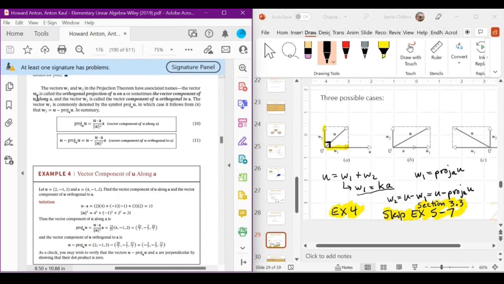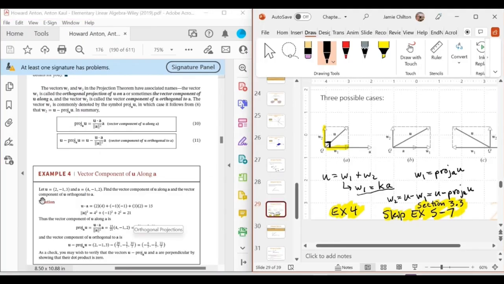Just to go over it one more time, W1 is called the orthogonal projection of U on A. W2 is called the vector component of U orthogonal to A. This first one, formula 10, is how you solve for W1, and this second one is how you solve for W2. You've seen all this before. We know how to do the dot product and we know how to take the norm, so you should be able to calculate those from these equations.